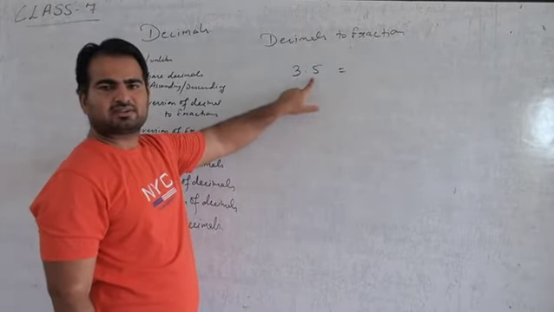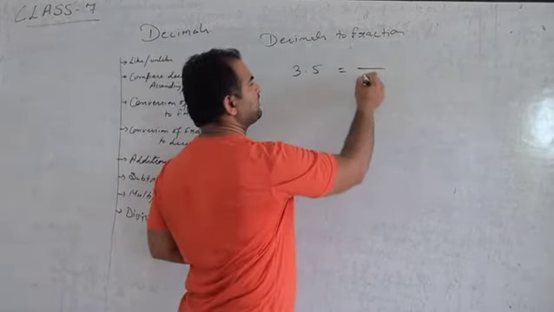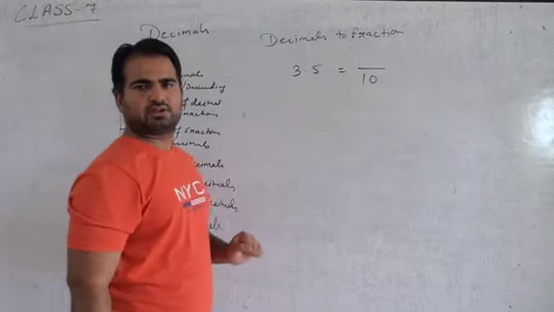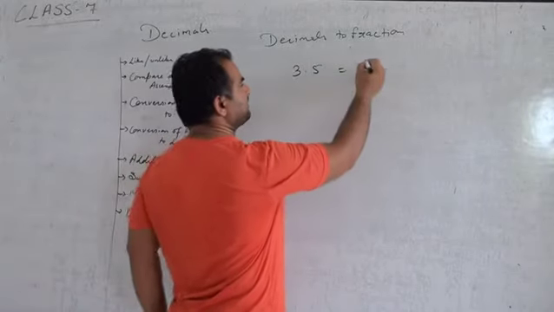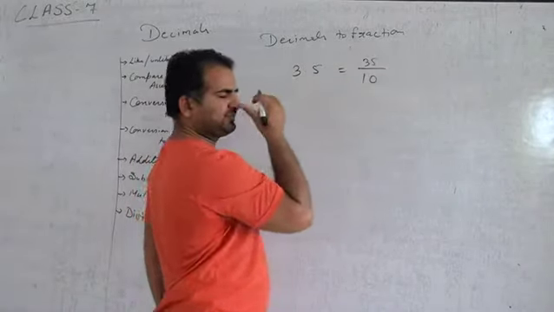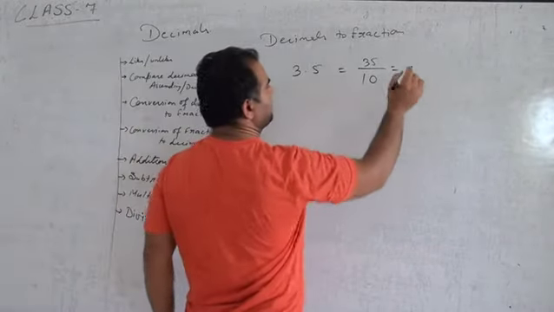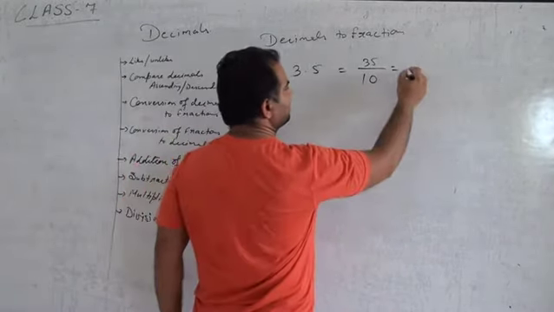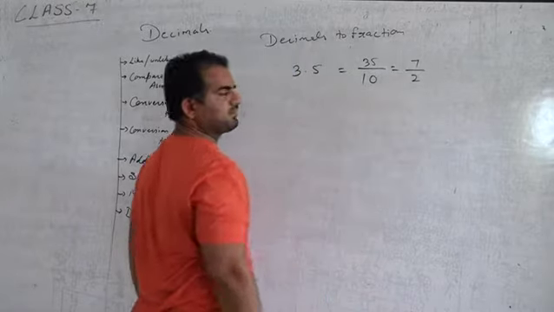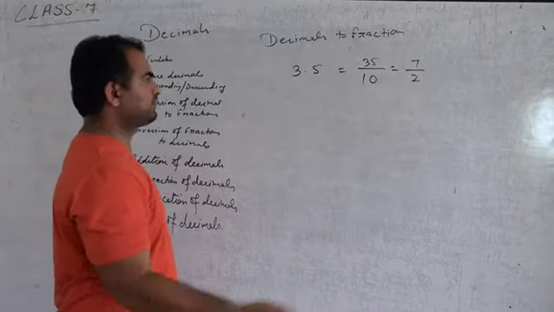Only one digit is there, so you place only one 0. And you can write 35 by 10. Done? Now you can put it in simplest form. 5 2s are 10 and 5 7s are 35. It will be 7 by 2.